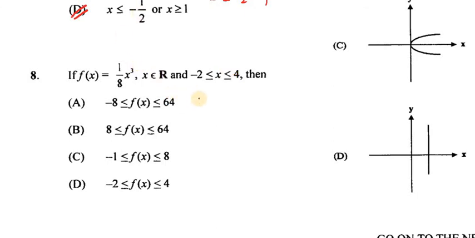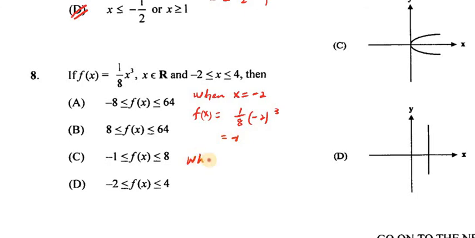When x is equal to negative 2, f of x is equal to 1/8 multiplied by negative 2 cubed, which is equal to negative 1.